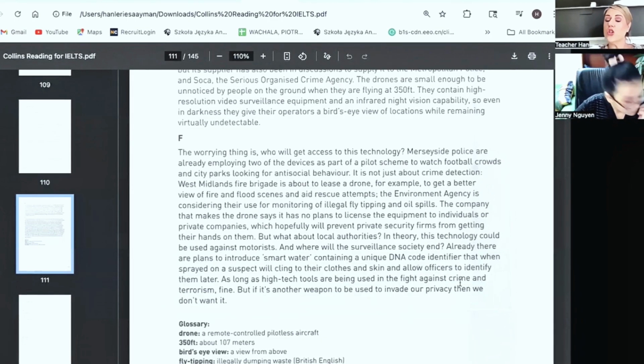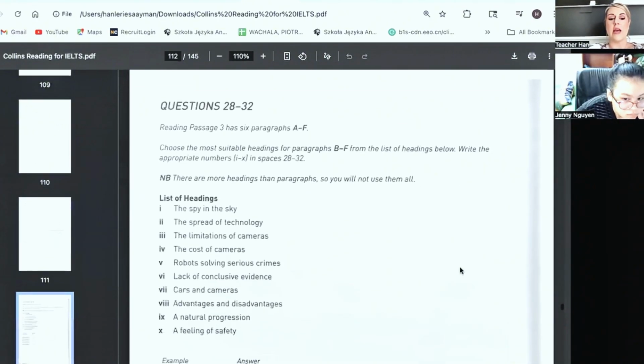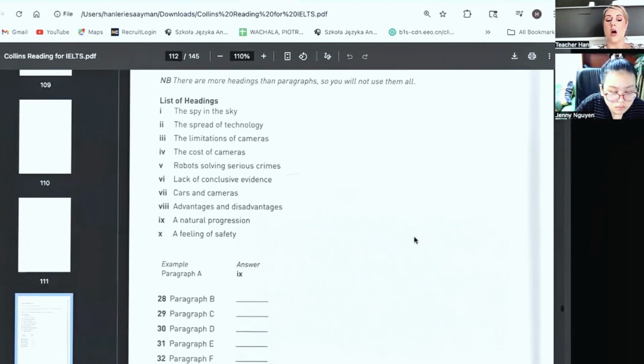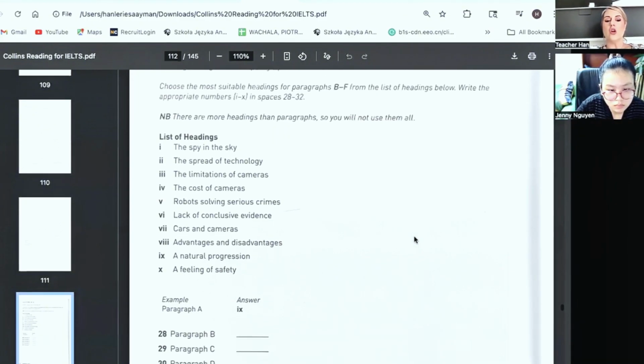Okay, so now that you know what each passage is about, after reading the paragraphs, choose the most suitable headings for paragraphs B to F from the list of headings below. Write the appropriate number in spaces 28 to 32. There are more headings than paragraphs, so you will not use all of them. Okay, so number 1, the spy in the sky.